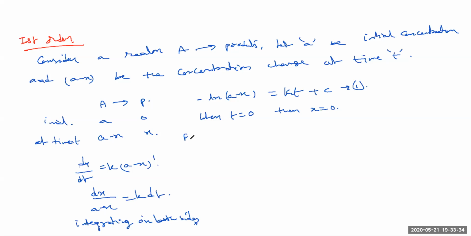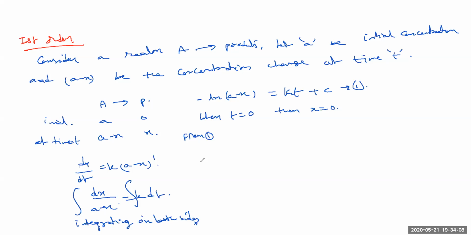Sir, can you explain the step again? Which one? The equation one. Yes. Integration of dx by a minus x, integration of k into dt. You know the formula: integration of 1 by x is log x divided by derivative of x.